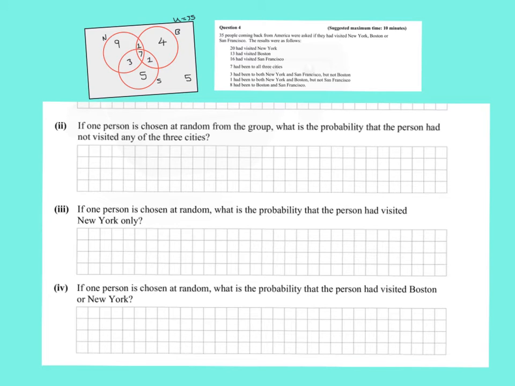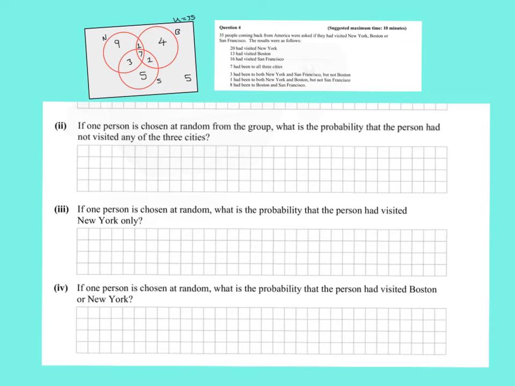Okay, just to answer these questions, I just put a really small version of my diagram here and some of the information, because I might need some of that information. The first one says, if one person is chosen at random from the group, what is the probability that that person had not visited any of these 3 cities? Well, the people who had not visited any of these 3 cities were these 5 people here.